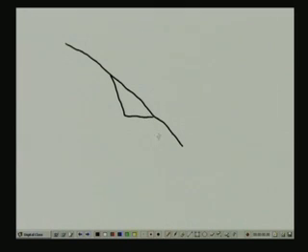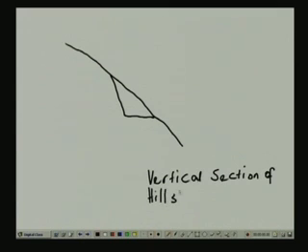Let us say there is a hillside, and what is proposed is construction of a hill road on the side of the hill, and what we are looking at here is a vertical section of a hill slope. So this one is the proposed highway.